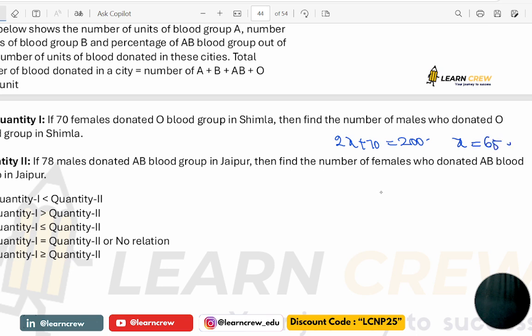The number of males is 65. Then quantity 2: 78 males donated AB blood group in Jaipur. Then find the number of females who donated B blood group. So it will be 2 into 78 plus females plus males is 216. Thereby you will get x as 60. So it is 60 and 65. So quantity 1 is more than quantity 2.